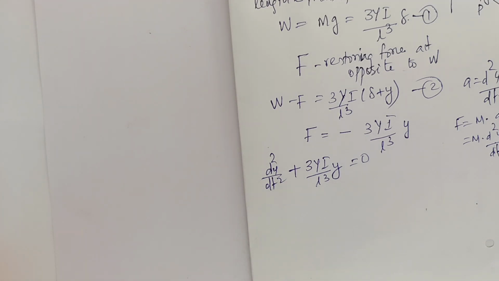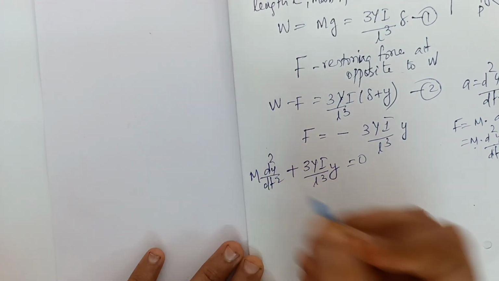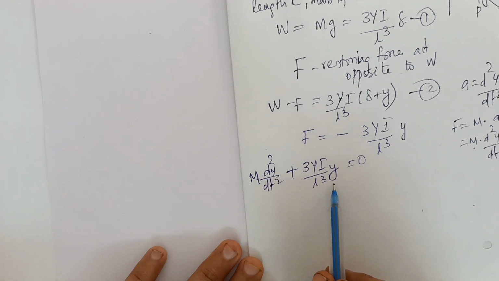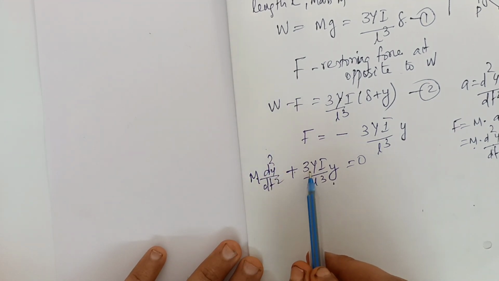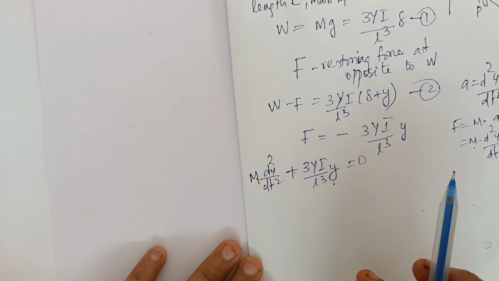Is it okay? Now, there is an M here, so if we want, we can bring this M across. We can also write it as d square y by dt square plus 3YI by mL cube into y is equal to 0.